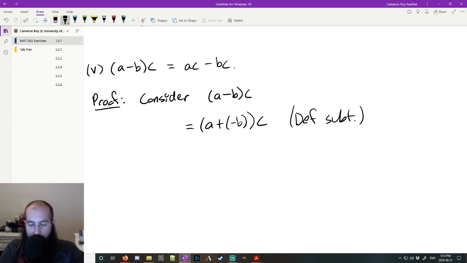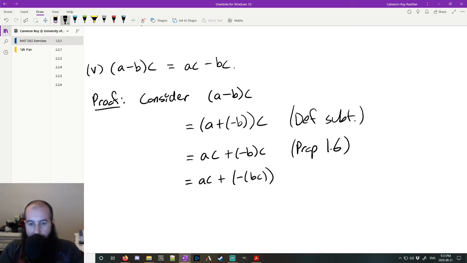Now, this c needs to be distributed. I'm going to use proposition 1.6 to distribute from the right. So this is ac plus the additive inverse of b times c by proposition 1.6. And this is equal to ac plus the additive inverse of b times c by proposition 1.24, part 3.